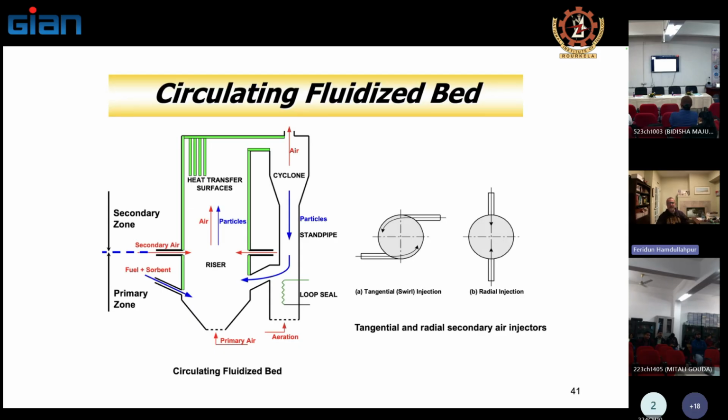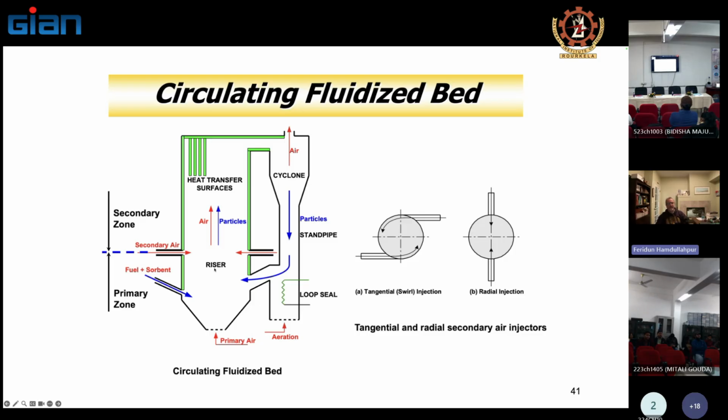Now, here's an example of a CFB for a combustion application. You have fuel plus sorbent here. You know what sorbent is. In this case, they are calcium carbonate particles, for example, to capture sulfur dioxide or sulfur oxides mostly.